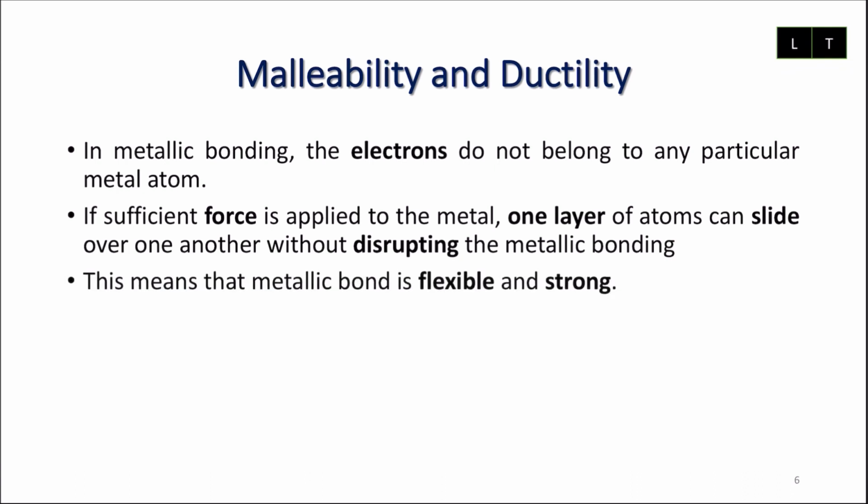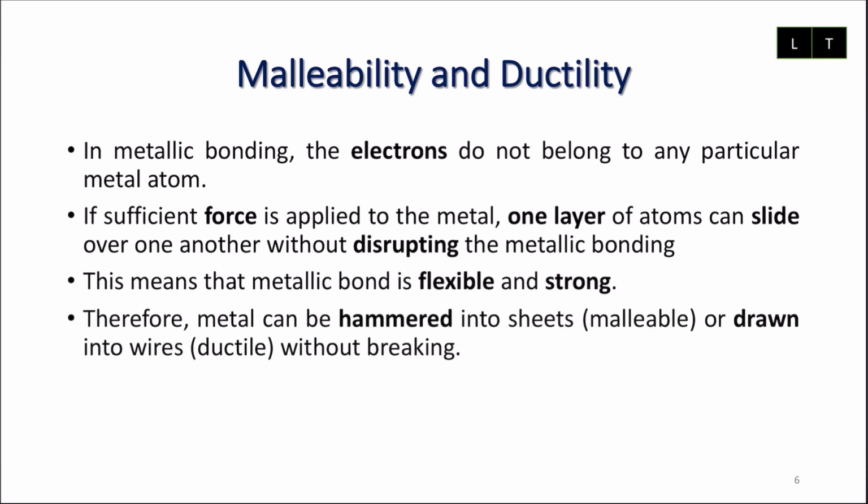This means that metallic bond is flexible and strong. Therefore, you can hammer metals into sheets. Sebab tu dia panggil istilah malleable ataupun drawn into wires. Istilah dia ductile without breaking the metallic bonding in the metals.